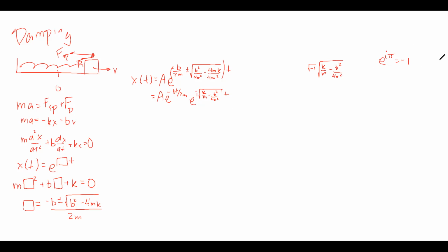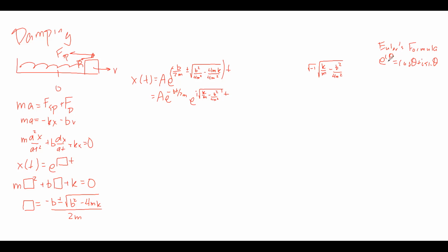It's a special case of a more general formula, e to the i theta equals cosine theta plus i sine theta. That's the general formula, and it's called Euler's formula. If this is the first time you're seeing it, then great. You'll probably see it many more times in your math and science career.